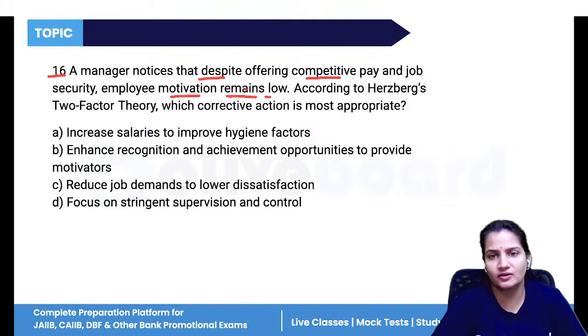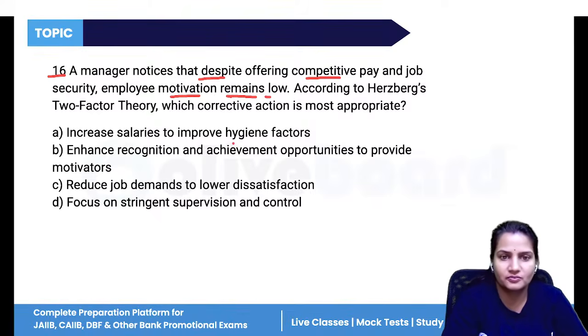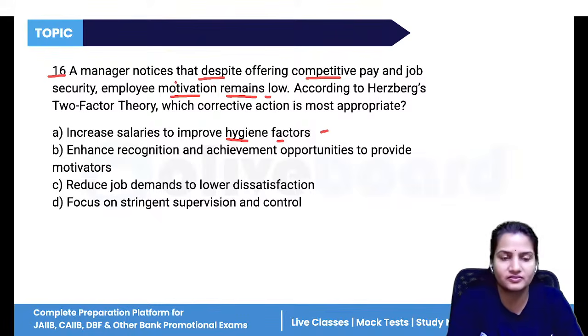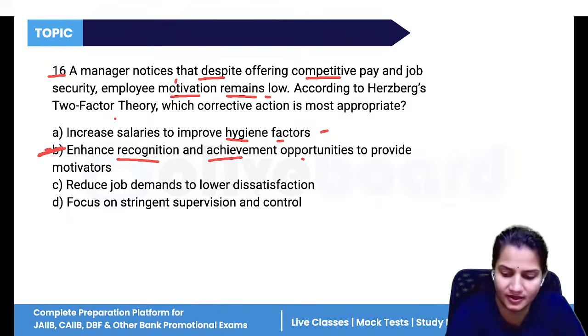According to Herzberg's two-factor theory, which corrective action is most appropriate? You will not increase salary to improve hygiene factors, because already you are giving the salary, but still the motivation is low. So you have to increase the motivation factors. So you should give recognition, achievement, acknowledgement, opportunities to provide motivator factors to increase motivation.